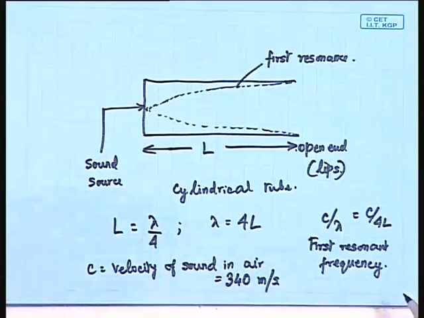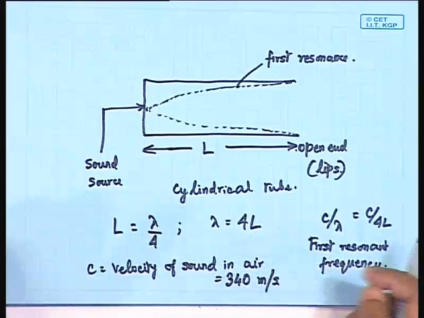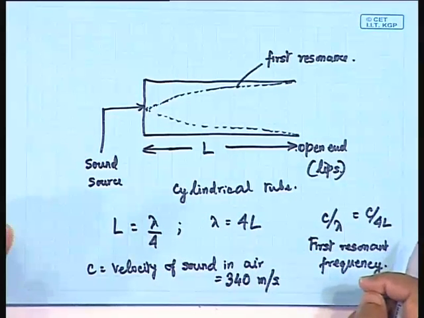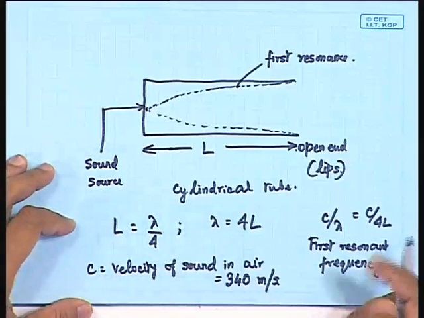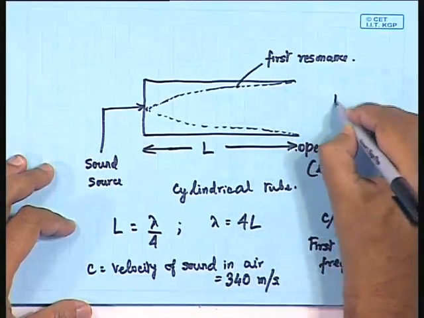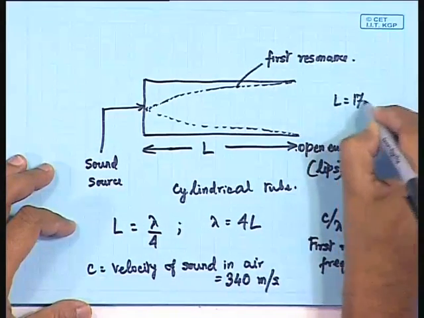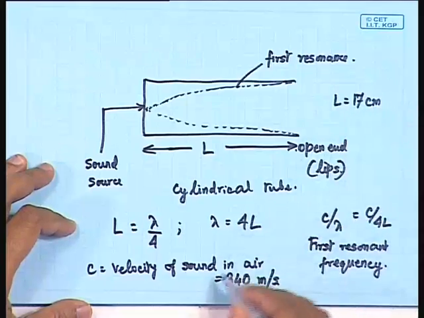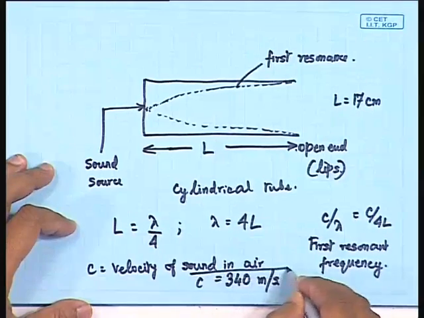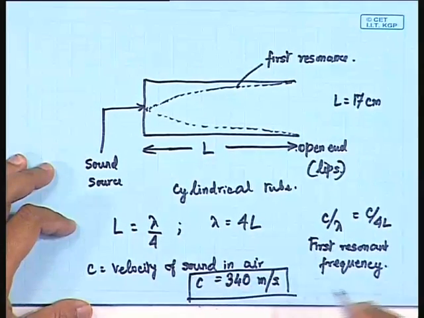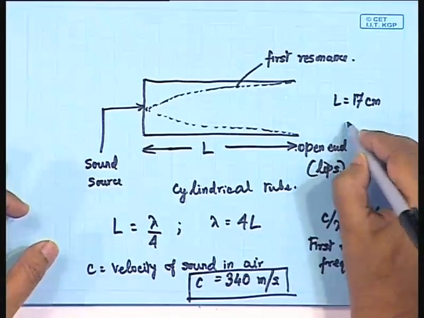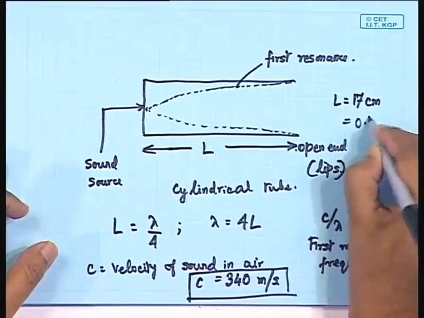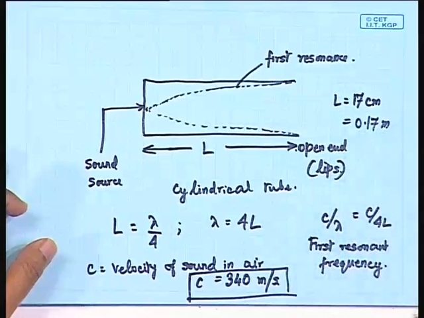And what is L? L is effectively the distance between the larynx and the lips, and let us take a typical value of L to be 17 centimeters. So C is equal to 340 meters per second and L is equal to 17 centimeters, or rather 0.17 meters.